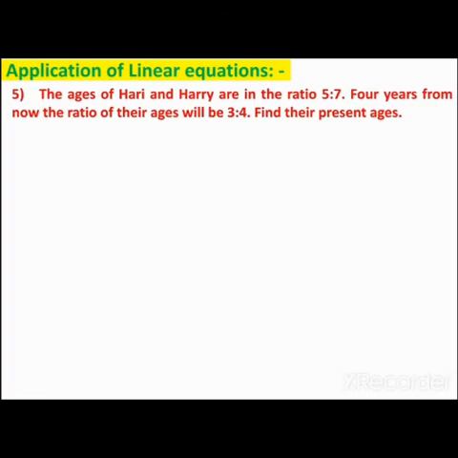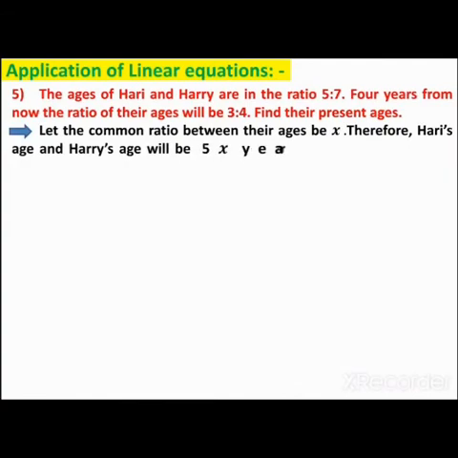Now our next question. The ages of Hari and Harry are in the ratio 5:7. 4 years from now, the ratio of their ages will be 3:4. Find their present ages. Now let us first write the statement. Let the common ratio between their ages be x.